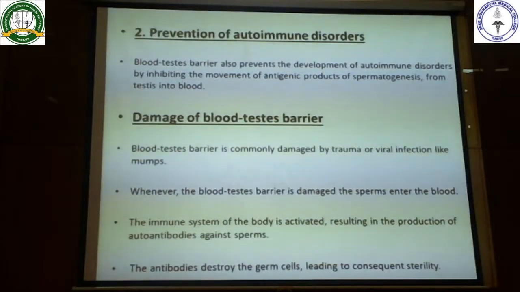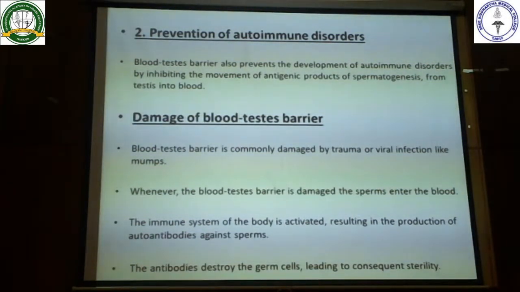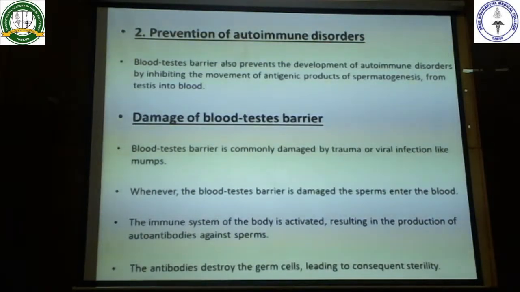So in what conditions? Commonly it can be damaged by any trauma or any viral infections, and the common viral infection which is going to affect this blood-testis barrier is mumps, right, wherein there is orchitis in case of males, right? So what happens?